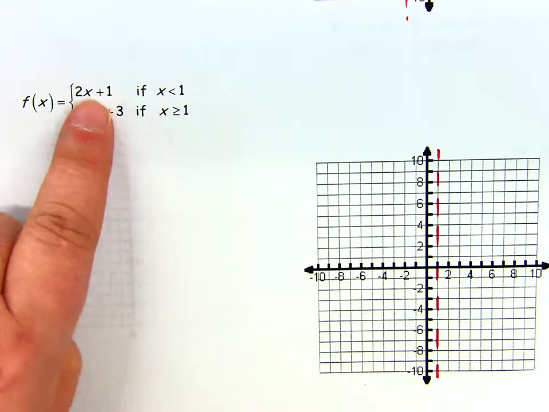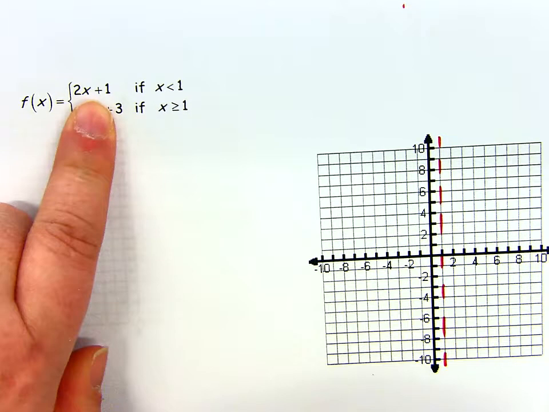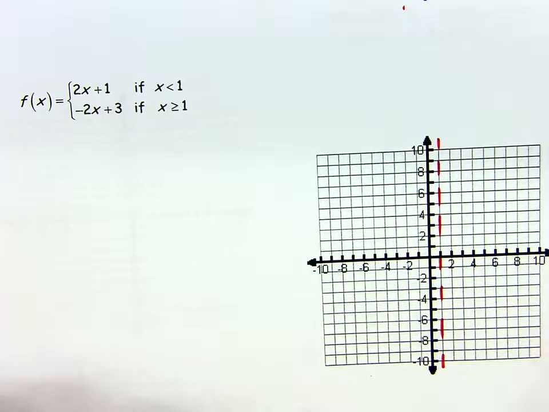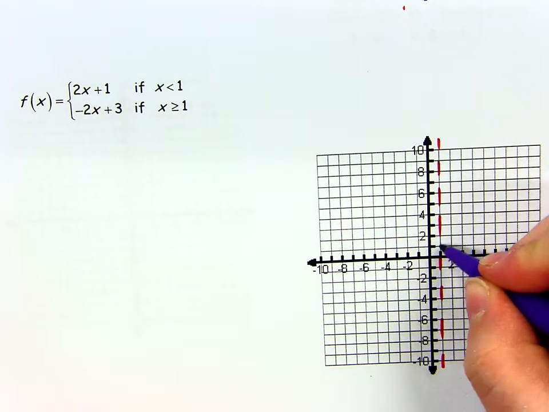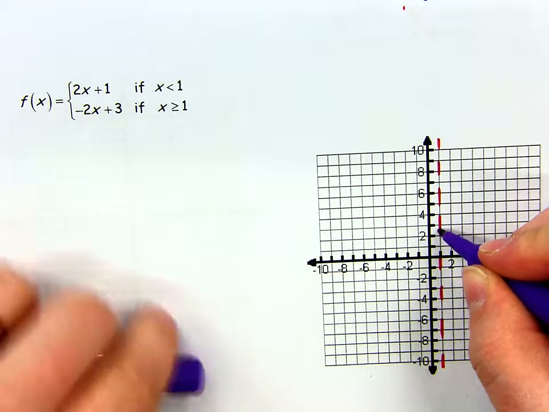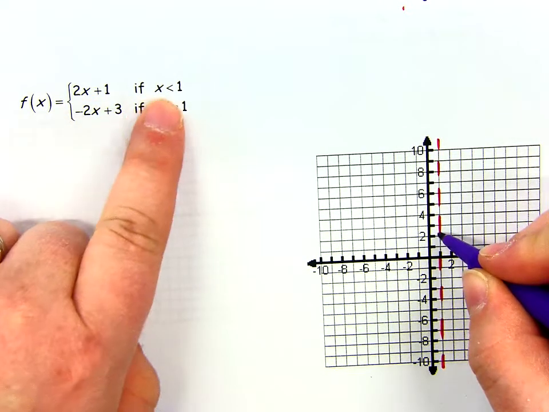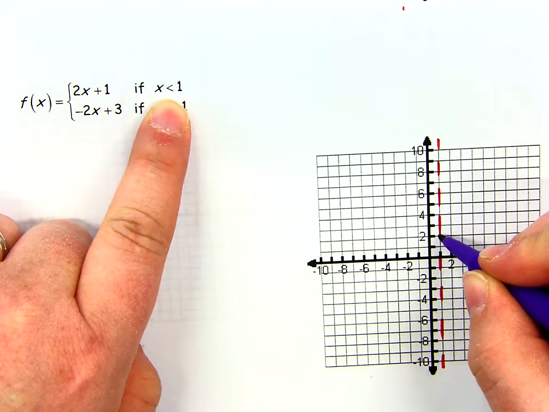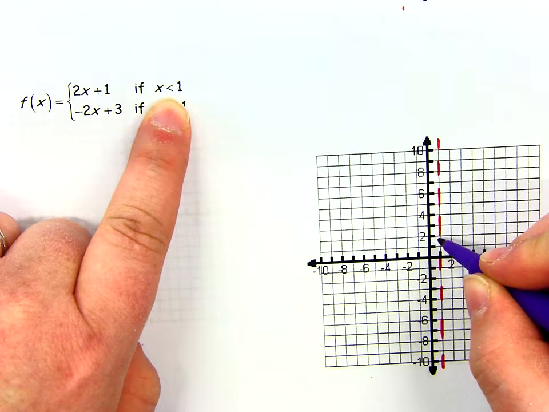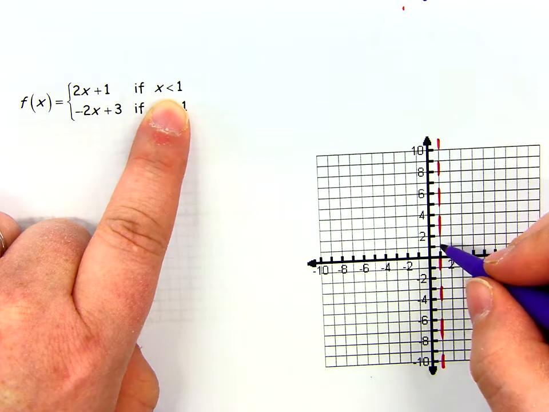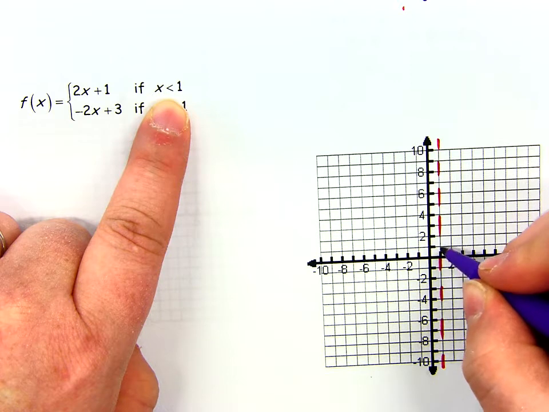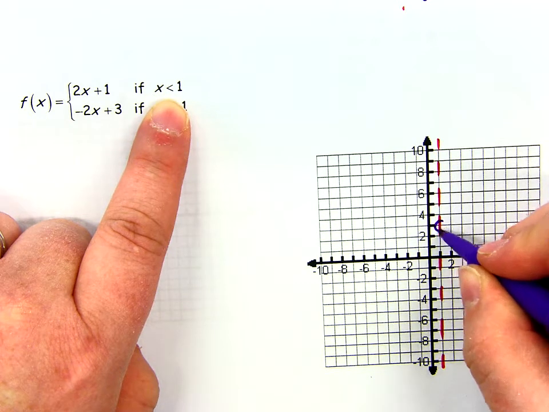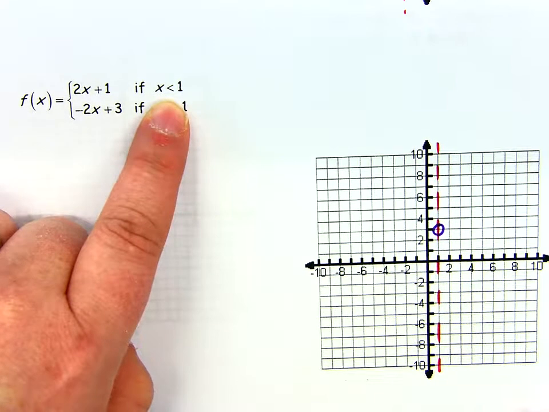So 1 comma 3 is my starting point. Now, do I put an open dot or a closed dot for this one? Open, because it doesn't actually exist when x is 1. It's only when x is less than 1. So I'm going to put an open dot at 1 comma 3. I'll make this one a little bit bigger so we're clear that it's open.